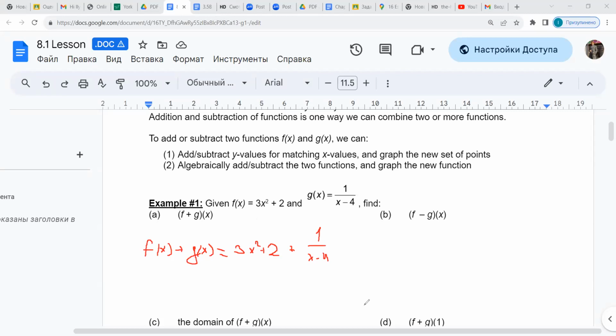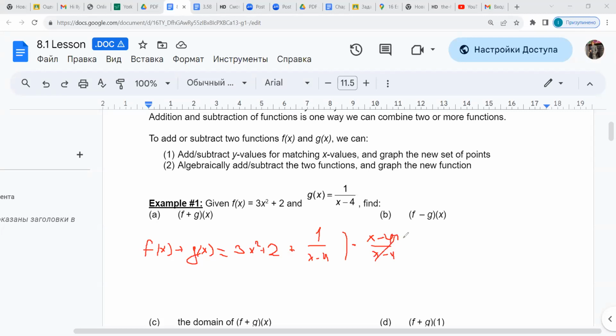Basically, right now, in this case, there is not much we can do. We're just combining these two functions in one form, because, for example, if I try to multiply and divide it by something that won't affect the equality, it would have to be something like x minus 4 over x minus 4, right?